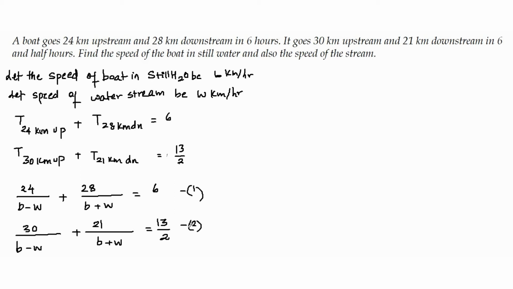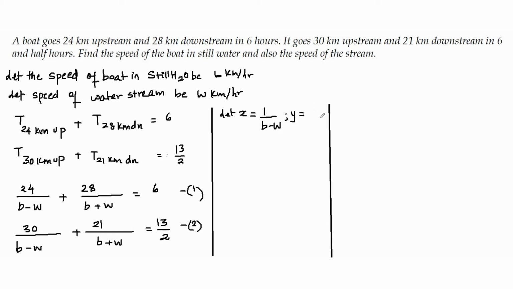Now, of course, a substitution is definitely possible. So let's make that substitution. Let us say that let x be equal to 1 by b minus w and let y be equal to 1 by b plus w.